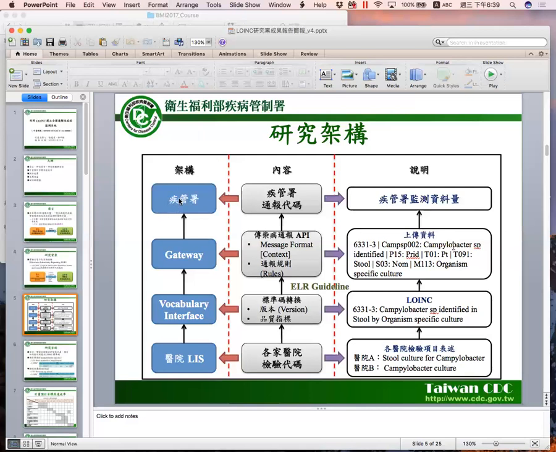Because HIV is also a reported disease, you can see the distribution and the time trend.